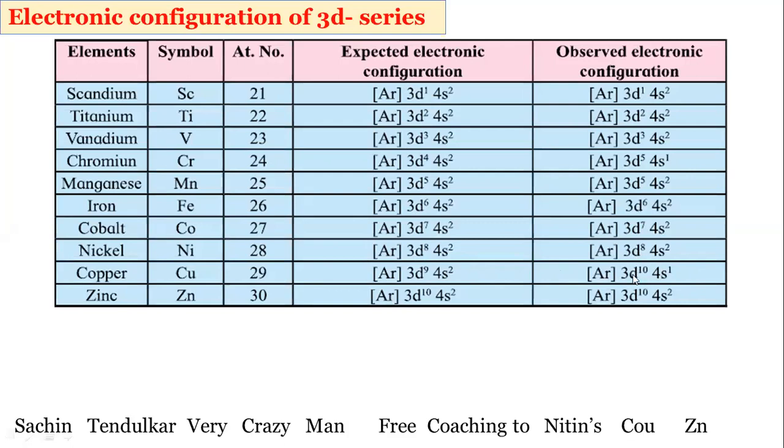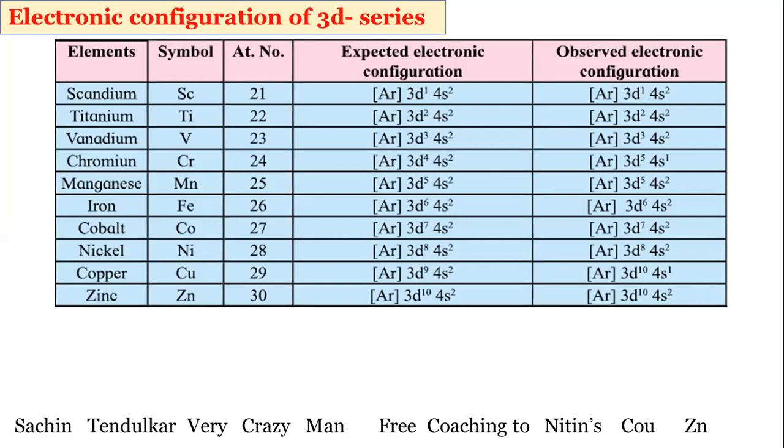So in the case of 3d, there will be 9 electrons. If there are 9 electrons, it can be a member of the transition elements. But if the d has 10 electrons, it will not be a member of the transition series, remember.